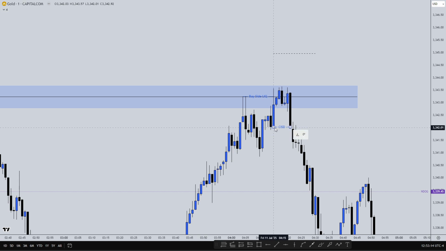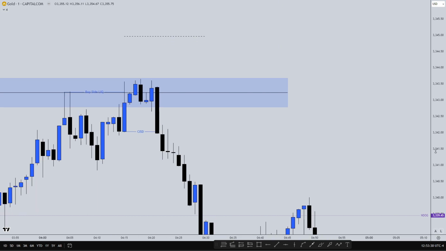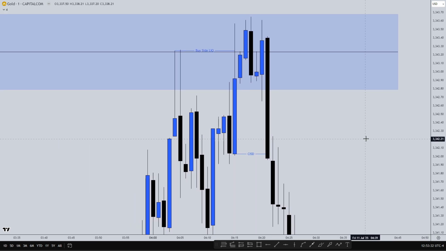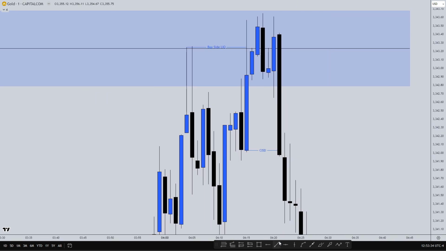Why is this an order block? Because this is the candle, or the sum of candles, that did take the buy side, and then boom, made a change in the state of delivery, and it closed under it. And then you see how the prices traded into this order block at this point here.